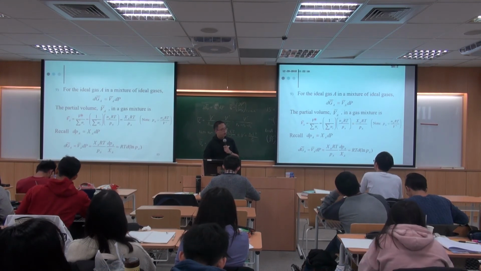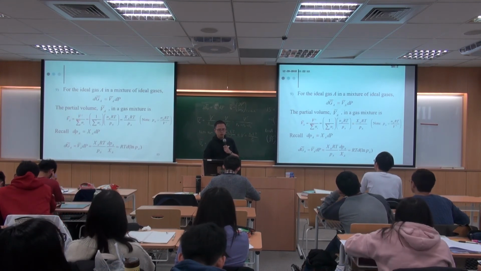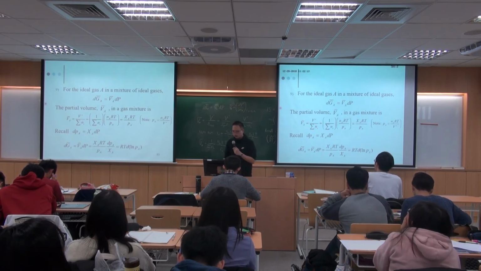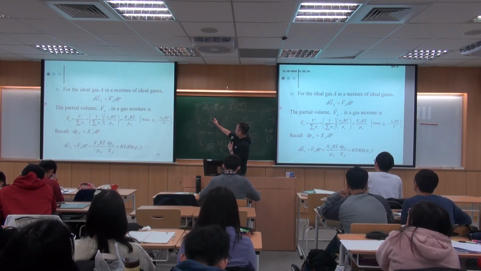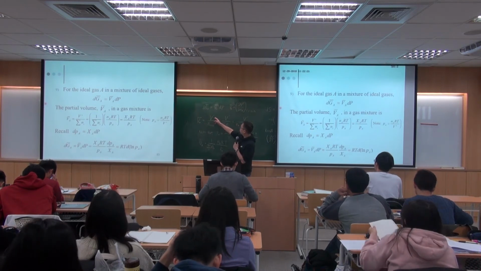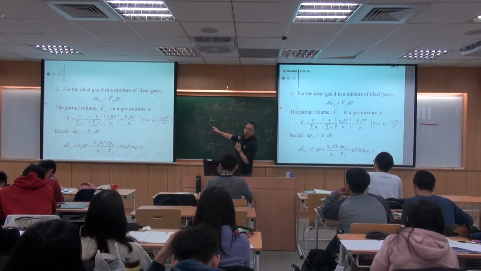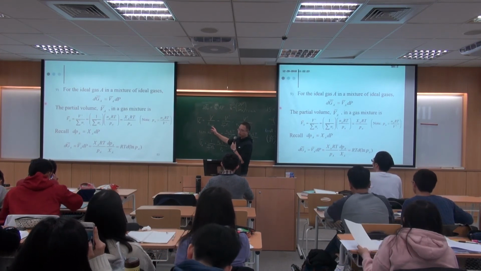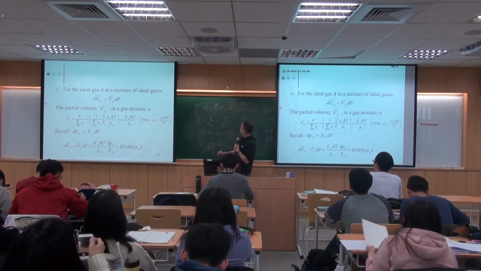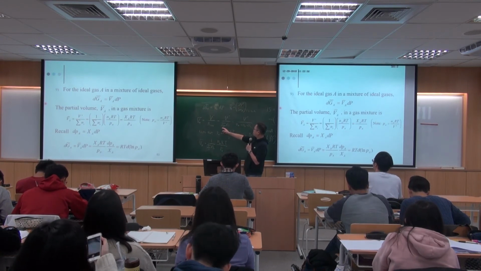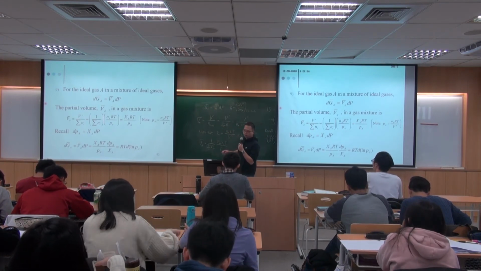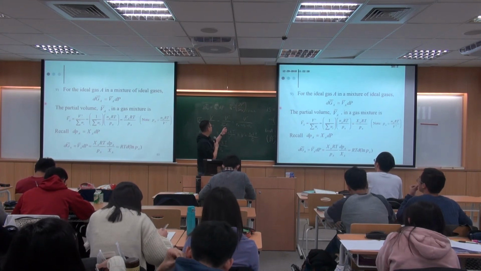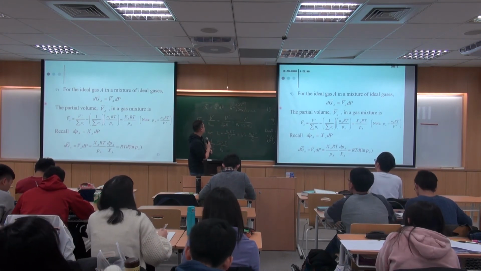They can be represented by the total volume over the total mole number of the system. And therefore, VA bar is the same as the total volume over the total number of gas molecules in terms of mole numbers in the system. In the textbook, it is represented as the summation over NA, NB, and NC, or simplified as summation over Ni.